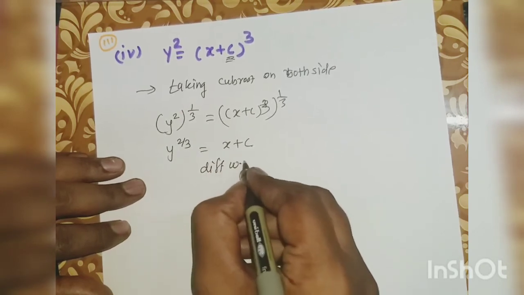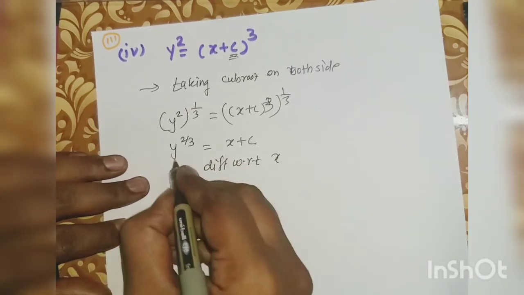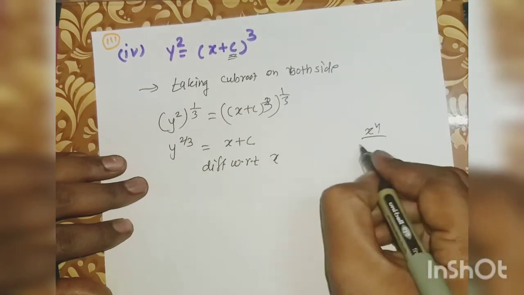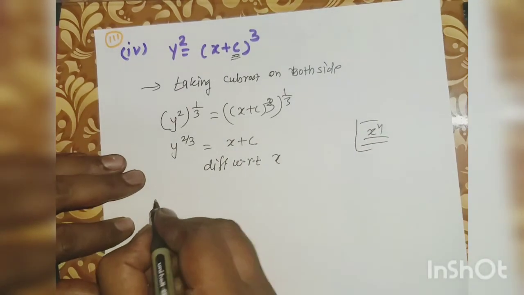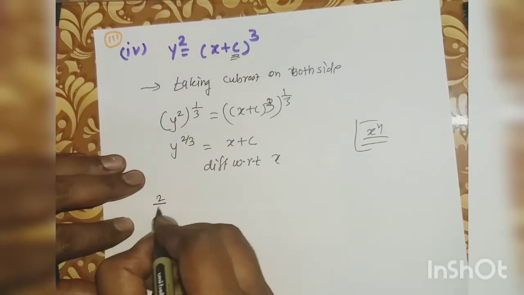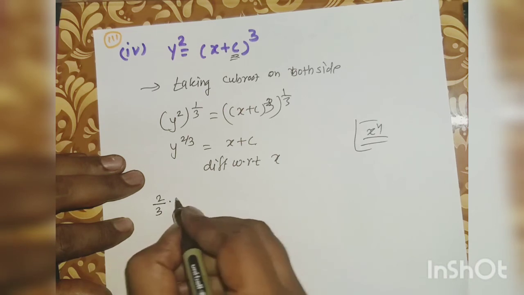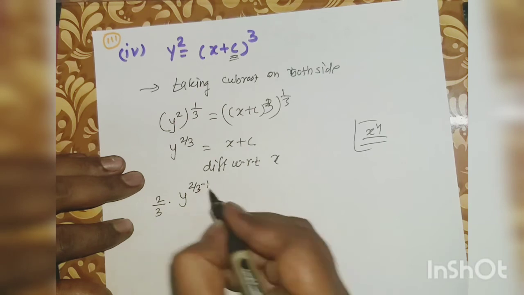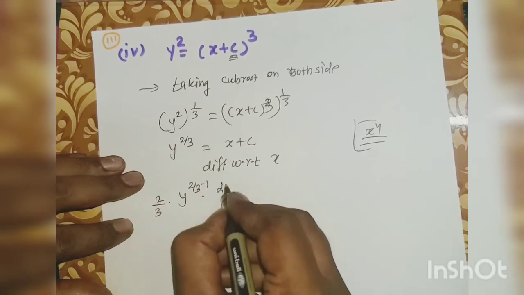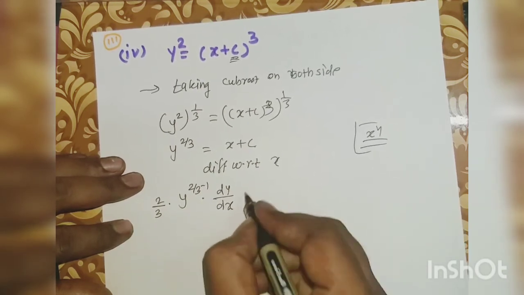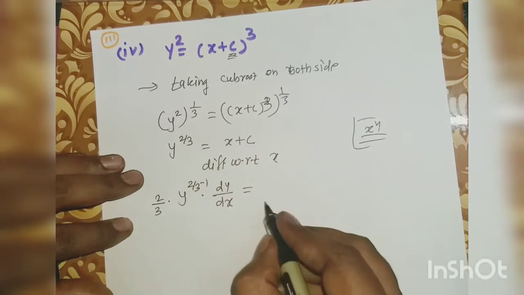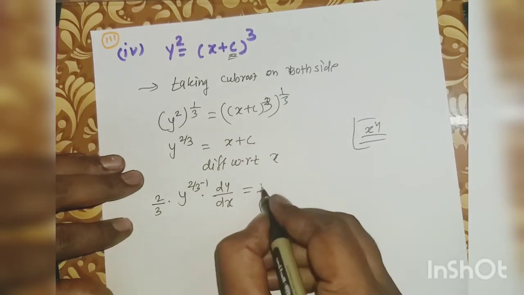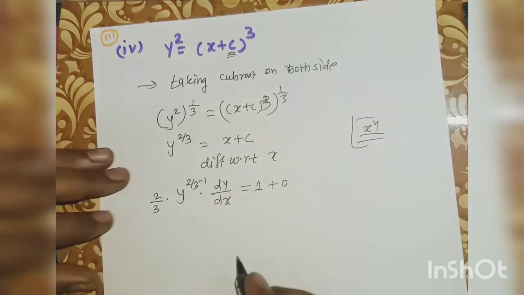Differentiate with respect to x, using the derivative of x raised to n. Here n is 2 divided by 3 into y raised to 2 divided by 3 minus 1, dy by dx is equal to the derivative of x, which is 1, plus 0.